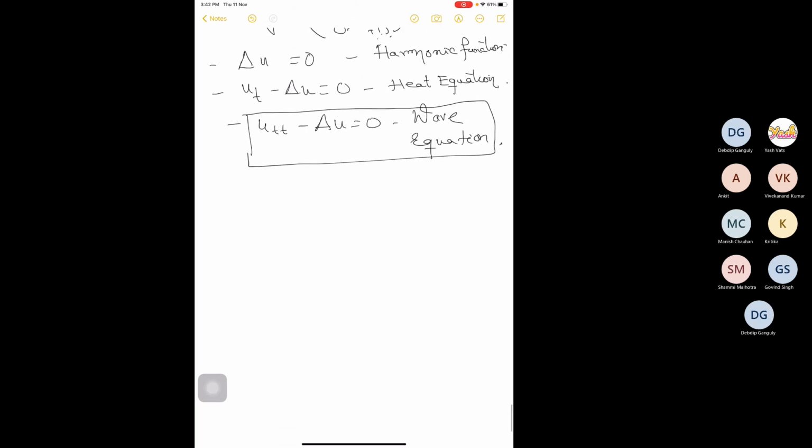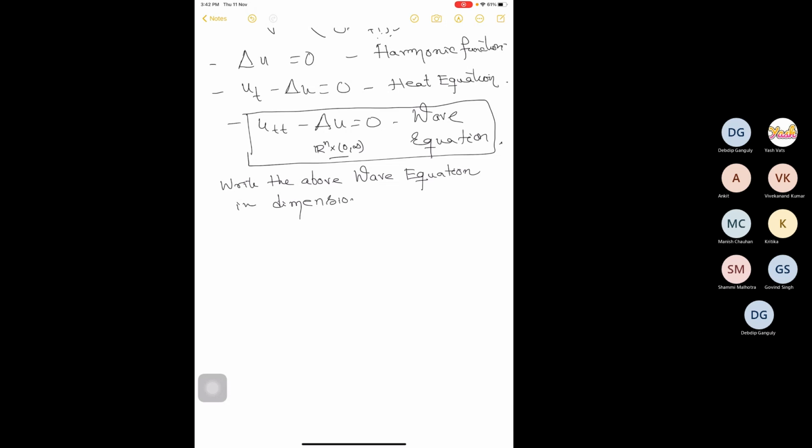So just write down the above wave equation in dimension 1. Let us see how it looks in dimension 1, that is n equal to 1.